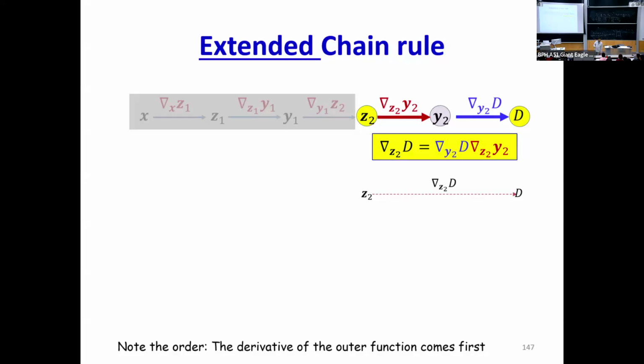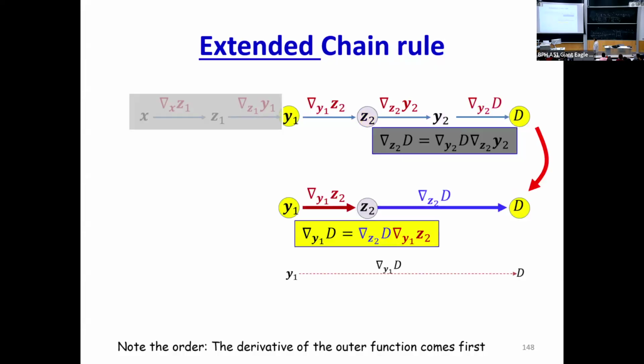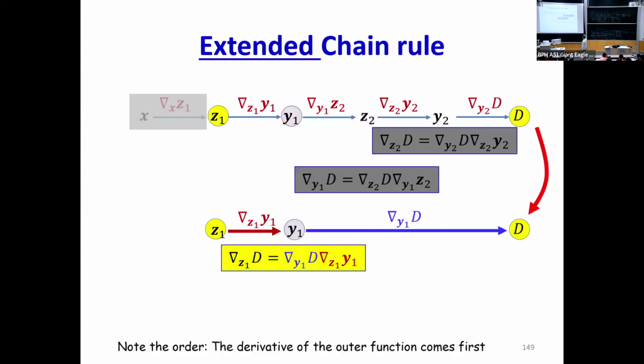Making sense to everybody? Right, and so I got this. Now what is the derivative of d with respect to y1? The derivative of d with respect to y1 is the derivative of d with respect to z2 times the derivative of z2 with respect to y1. Right? Straightforward, as before. And so what is the derivative of d with respect to z1?